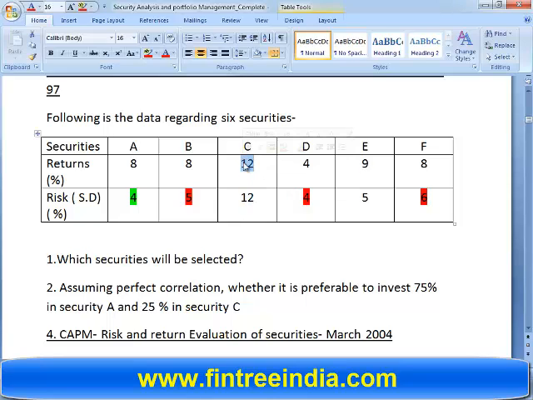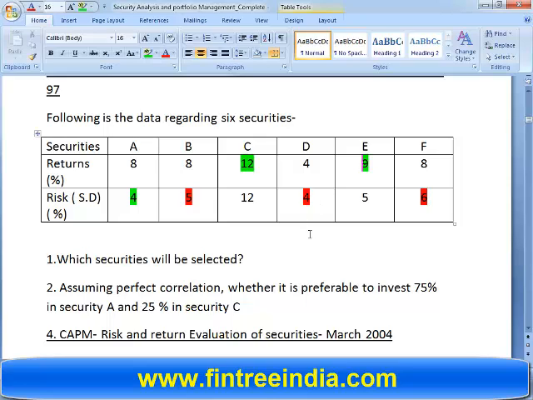We cannot compare, and therefore out of all the investment horizon, the possible securities that might be considered for investment are A, then security C, and security E. Are we clear? This is the approach which is followed in your practice manual and in the module as well. But then there is one more improvised version of approaching this.